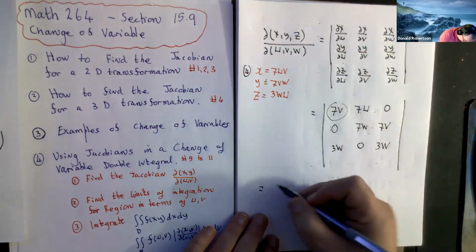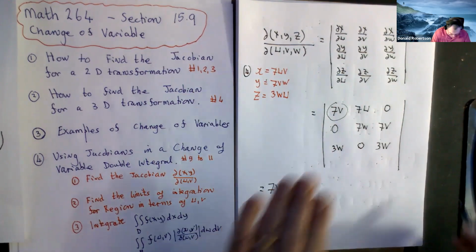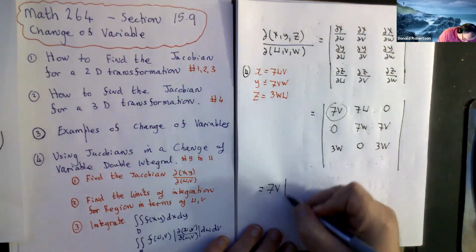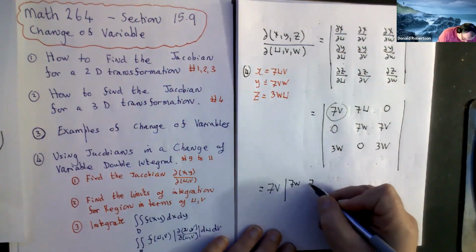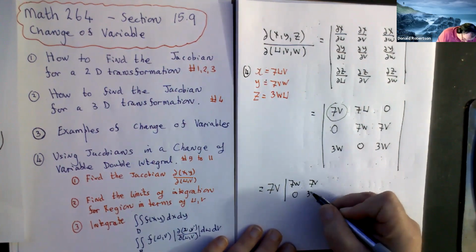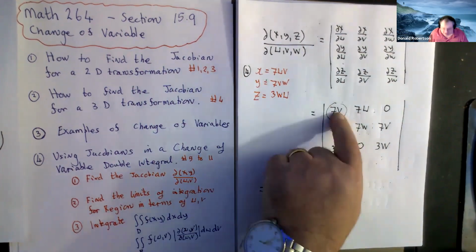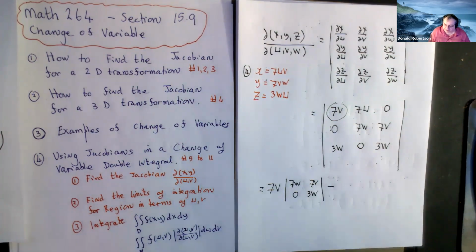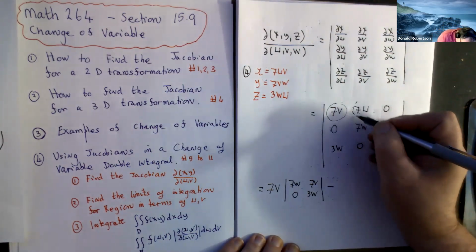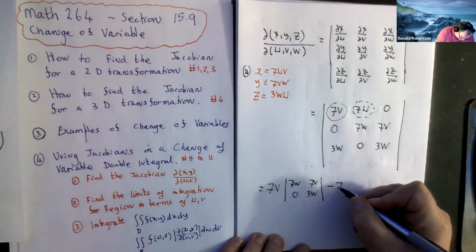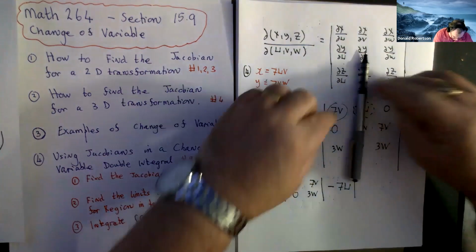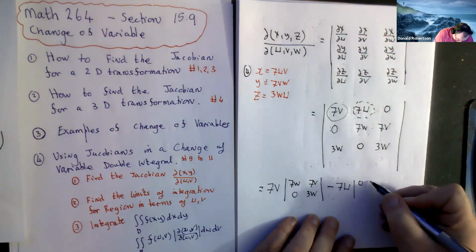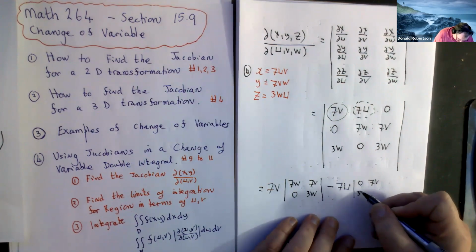You take this guy, 7v, and what you leave behind is a little 2 by 2 matrix. So it's going to be 7w, 7v, 0, 3w. Check. First guy. Take away, you remember the i, take away the j plus k. Same process. Take away 7u. And when you take that one away, you're left with this 2 by 2 matrix, which is what? A 0, a 7v, a 3.